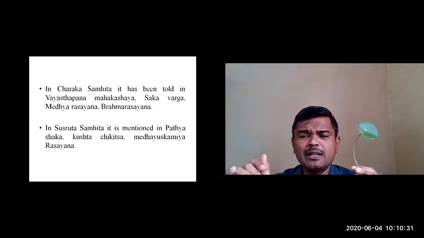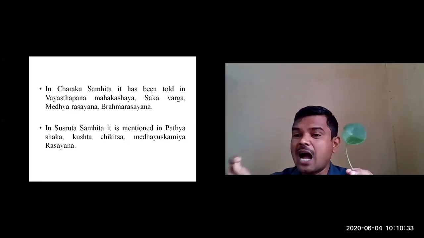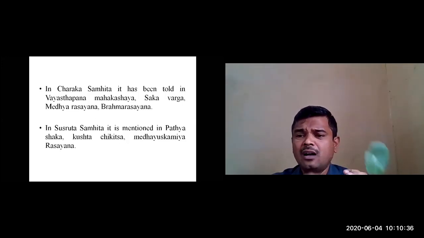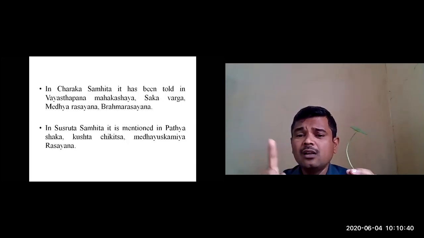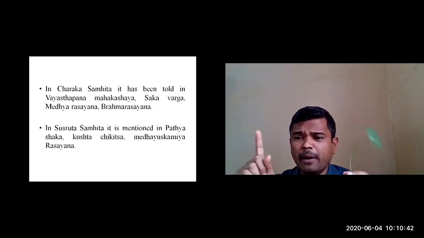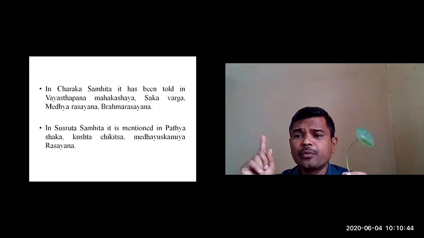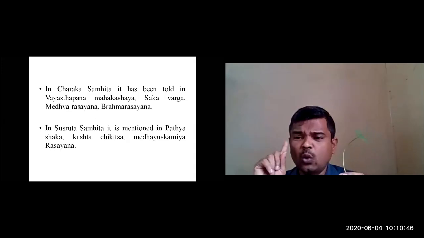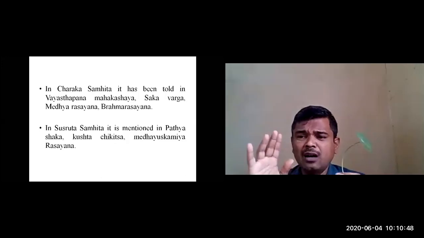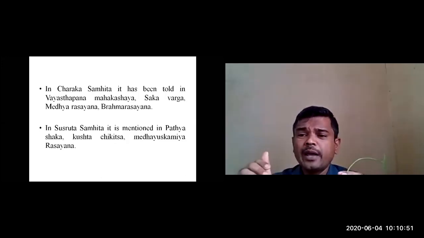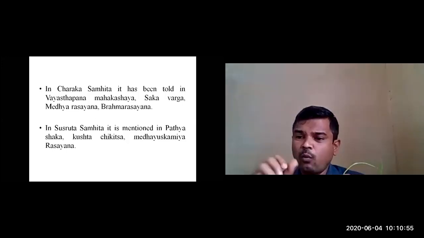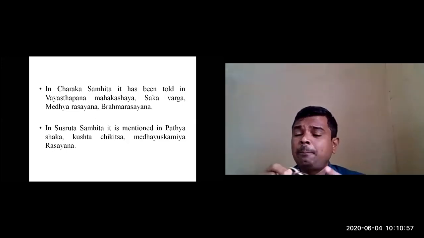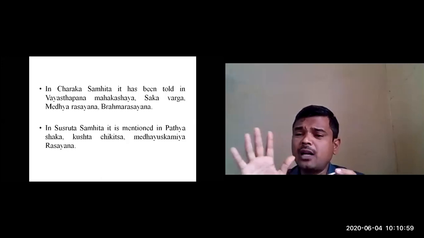In Sushruta Samhita, it is mentioned in Patya Shaka. Especially in South Kannada, North Kannada, in Karnataka, like Udupi, Mangalore, or Shivamogga, the rainfall is more and most of the time the soil is saturated with water, so this plant, which prefers marshy areas, is abundantly available.